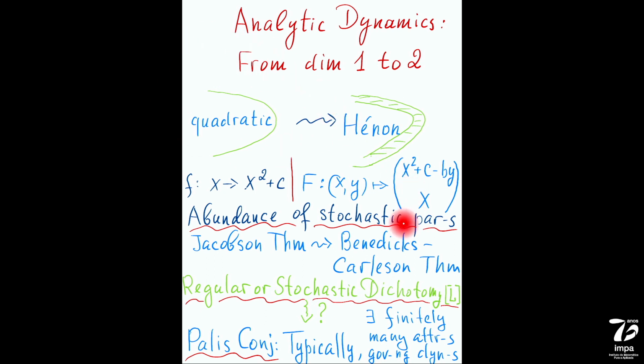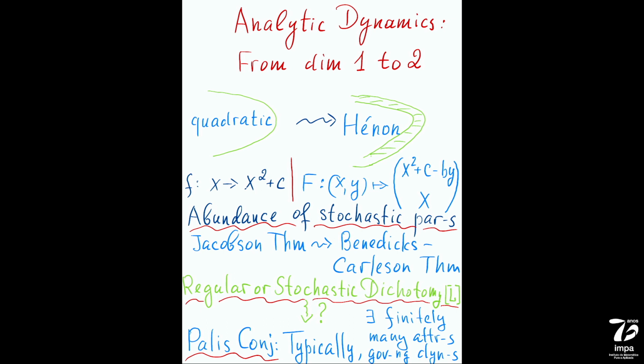We want to perturb it, just a slight perturbation, to the Henon family, from just this degenerate parabola to a slightly thickened parabola. So it does not seem to be a big deal. In formulas, we have the quadratic family, and then we have the two-dimensional quadratic family of Henon maps, also given by these simple equations.